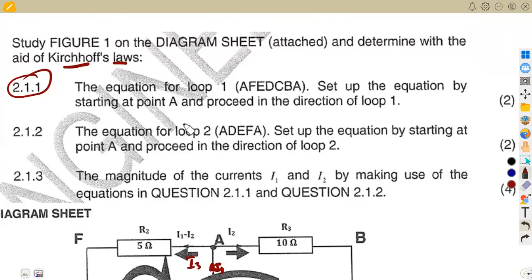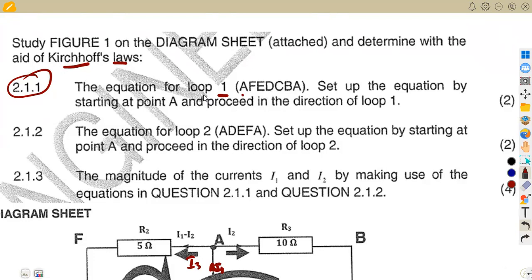All right, let us see our question here. We are being asked to determine with the aid of Kirchhoff's laws the first part, which is the equation for loop 1. Take note that we are given the loop to follow, which is A, B, E, D, C, B, A. Set up the equation by starting at point A and proceed in the direction of loop 1. Take note of how the question is given.